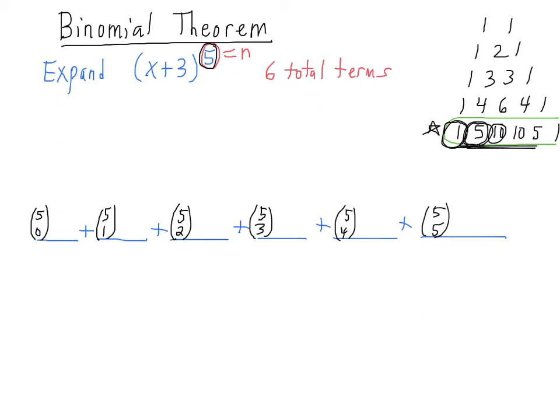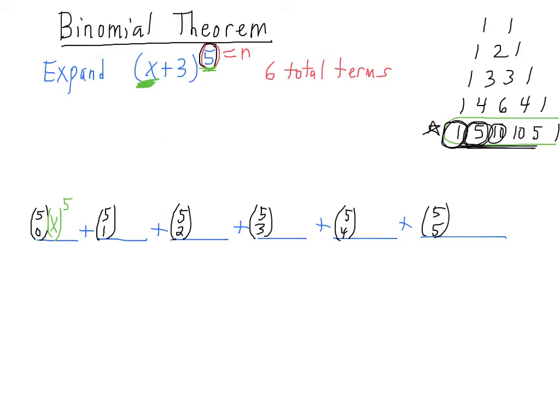Then we have to look at our first term in this binomial. It's an x, and we said how it is going to get raised up to the power of n, which in this case is 5. And I'm going to just keep this all in parentheses here. Parentheses are important, especially if this were 2x plus 3, and you'd have to raise that whole quantity 2x to the fifth.